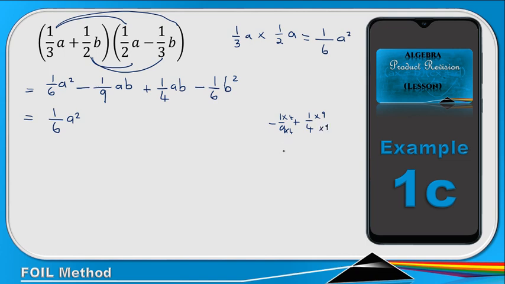So you have minus 4 plus 9 over 36, and that gives us a positive 5 over 36. Okay, so then plus 5 over 36ab. I would actually recommend just typing that into your calculator, and then minus 1 over 6b squared. Okay, so that is our final answer there.